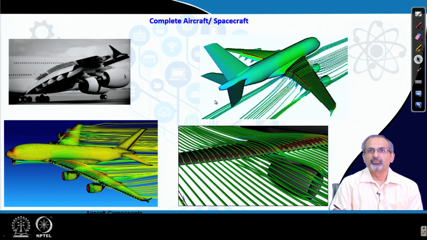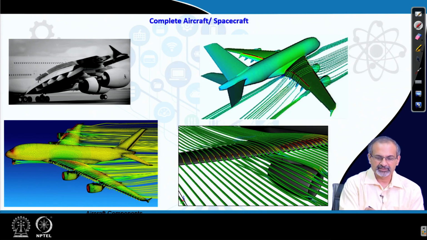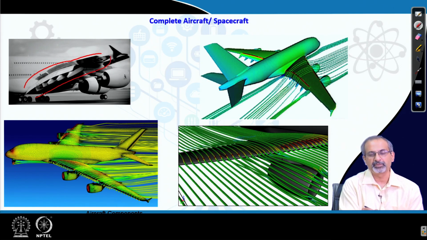Here we look at a more complete aircraft or spacecraft configuration over the next few slides. So, here the same high lift devices on the verge of takeoff, let us say, can be seen in a three-dimensional sense. You can see the complete wingspan and the high lift devices deployed.